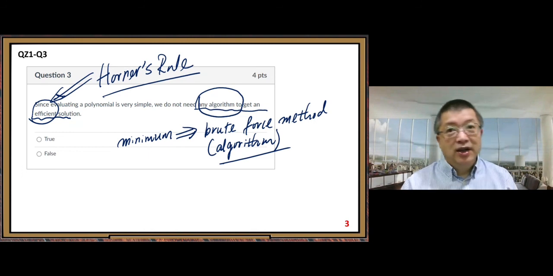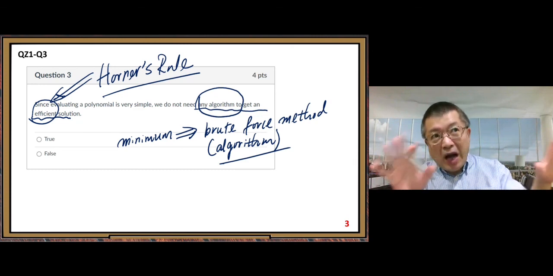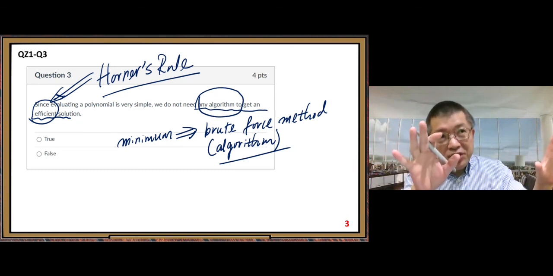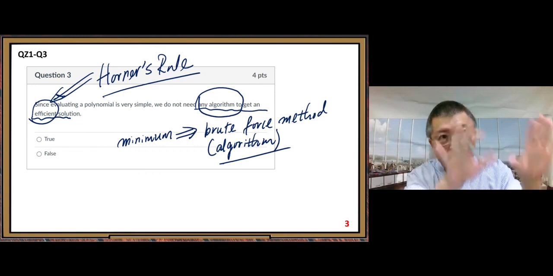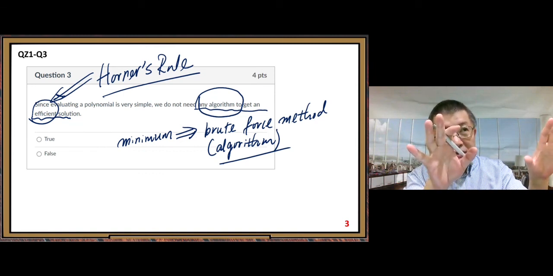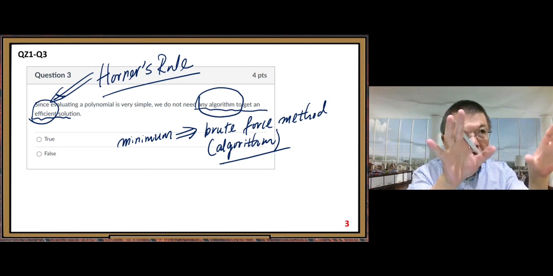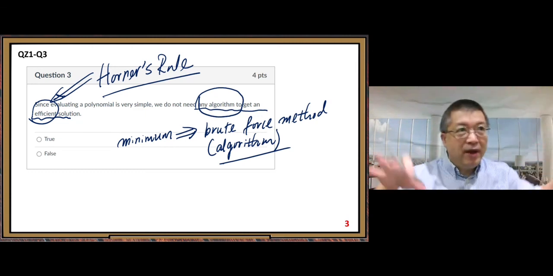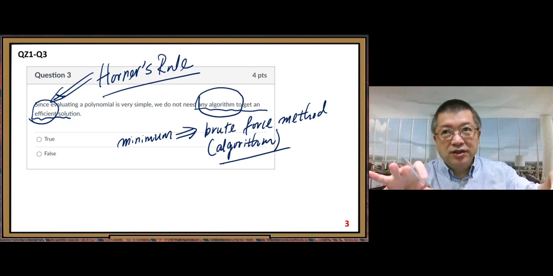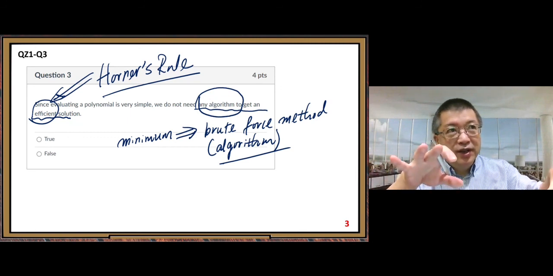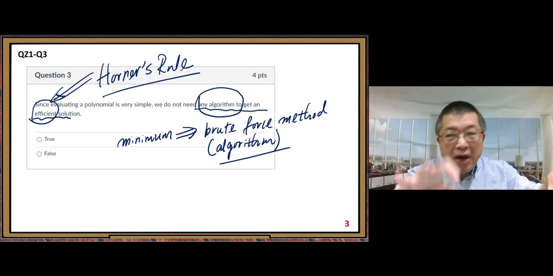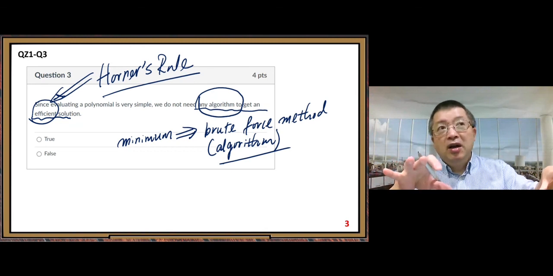Efficient. So you need that Horner's rule background to answer this question. You can see all these questions were created on top of a lot of background in this class. So you cannot miss that background.